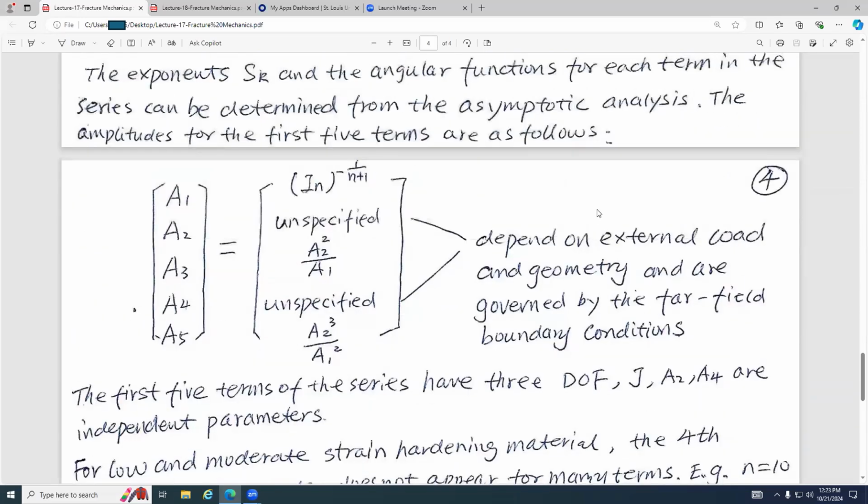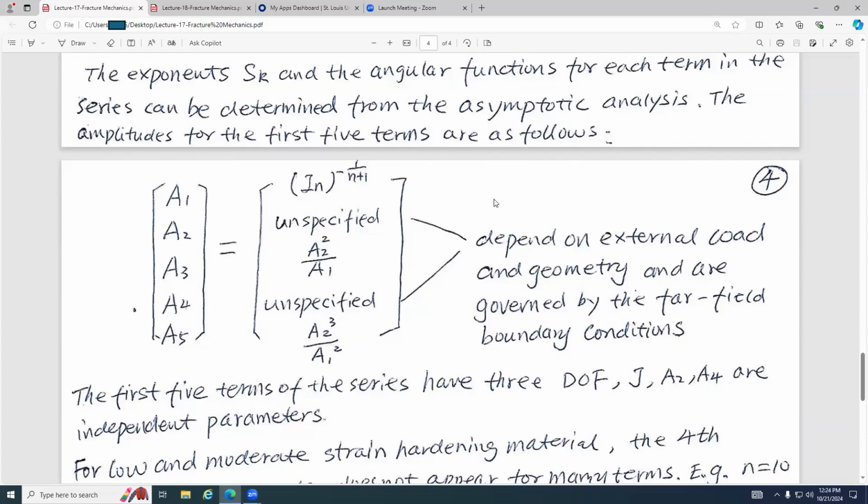Any questions, guys? Up to now, we have finished all of chapter 3. So chapter 1, chapter 2, chapter 3, we talked about the theory, G, J, and K, and how we derived them. From now on, we are going to switch gears to another topic.